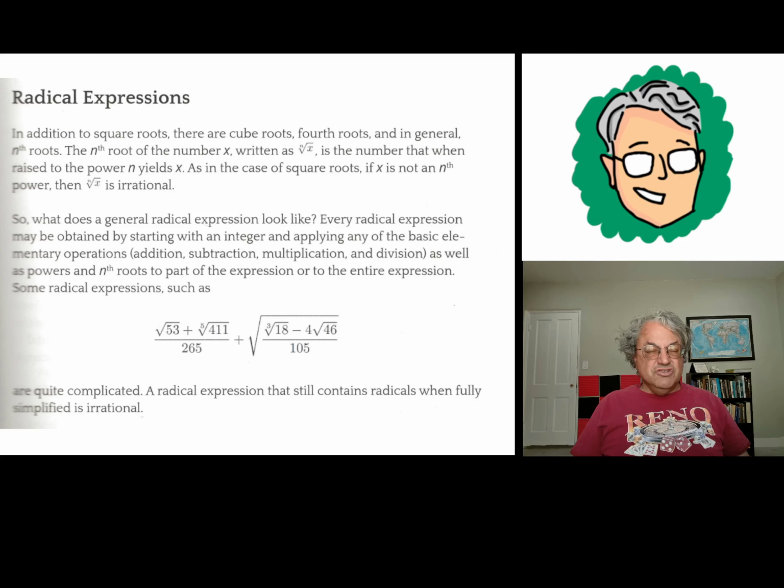In other words, the solution to the equation x squared minus 2 equals 0. There are actually two solutions to that equation, plus square root of 2 and minus square root of 2. Similarly, nth roots are solutions to the polynomial equation x to the n minus k, where k is the number you're taking the nth root of. So, for instance, the cube root of 10 would be the positive root of the polynomial x cubed minus 10 equals 0.